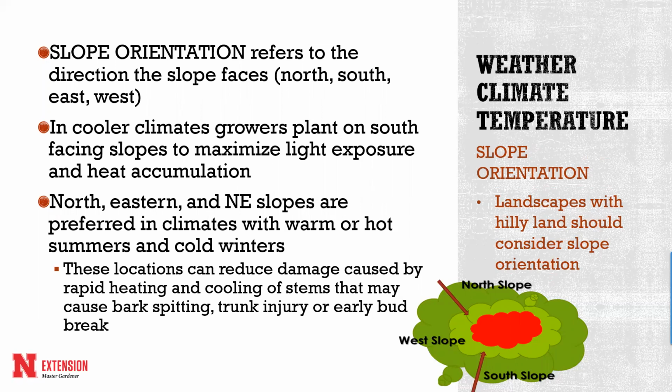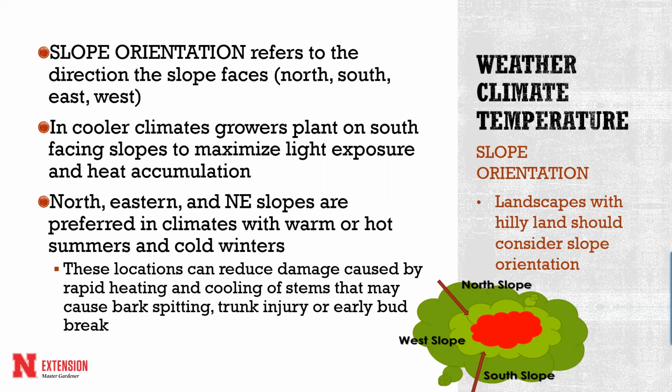The slope orientation refers to what side of the slope faces, so north, south, west, east. In cooler climates, growers plant on the south facing to maximize light exposure and the heat. So if you're looking at maximizing heat and maximizing sun, you definitely want to plant your stuff on the south.